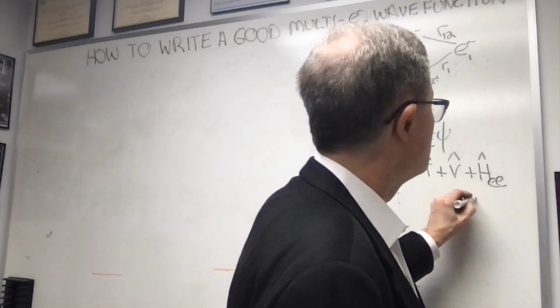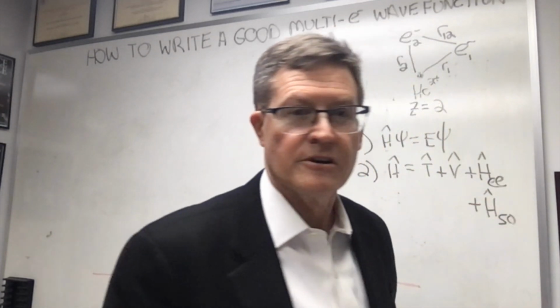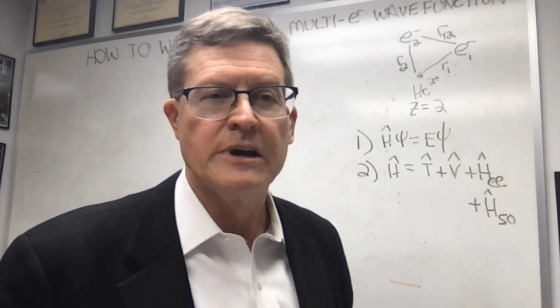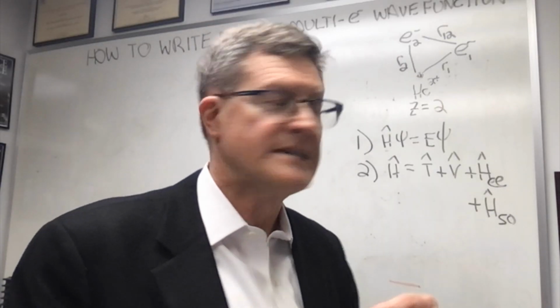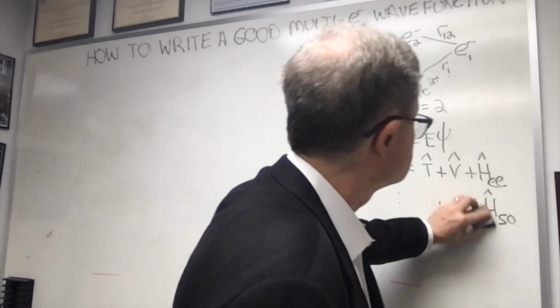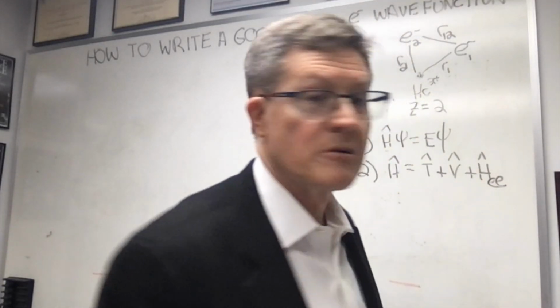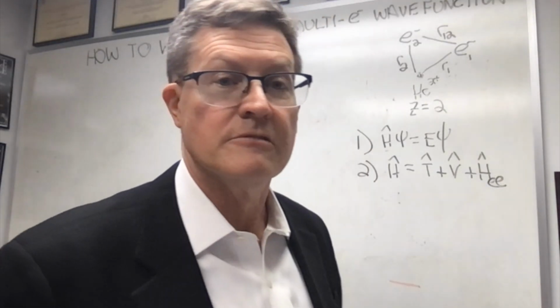And if we were being really good, we would also add in a spin-orbit term, right? That came from the Dirac equation. That goes as Z to the 4th. So in a low Z atom like helium, we won't have to worry about that. So let's just forget spin-orbit coupling, but we will have to worry about these other 3 terms. Let's define those in a moment.